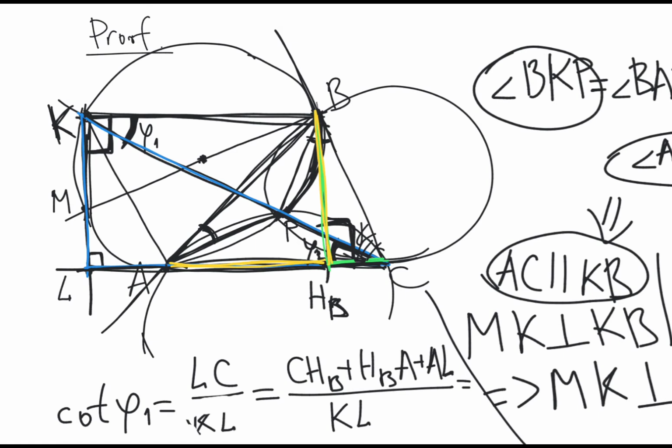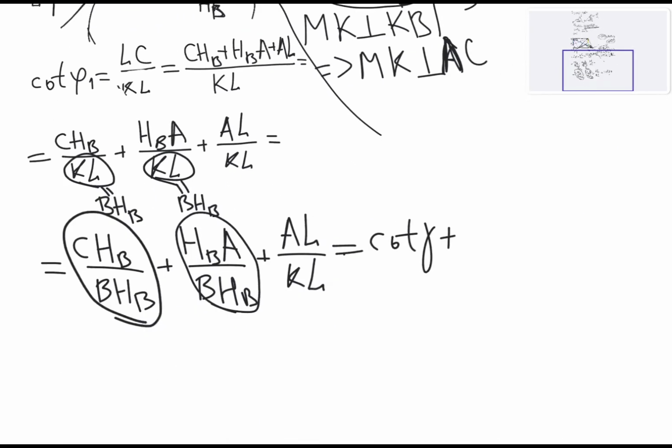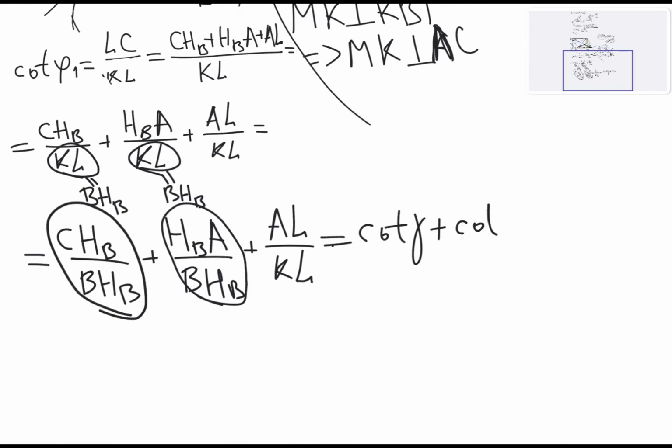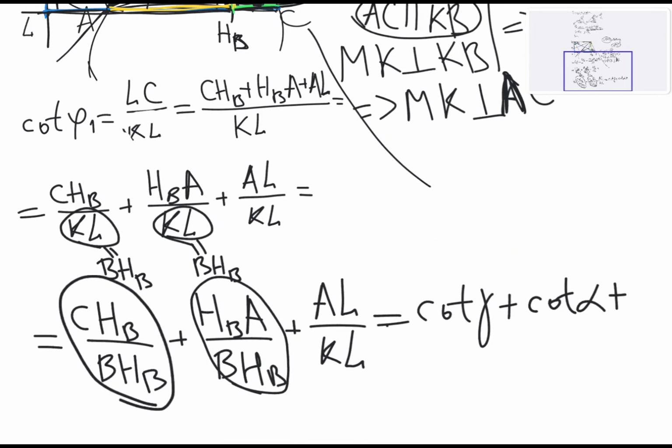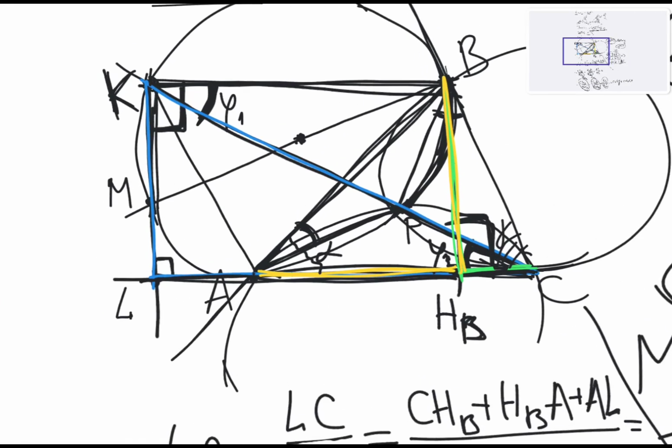This is again a ratio of 2 sides in a right triangle, and it is exactly the cotangent of this angle, which is angle alpha in the entire triangle ABC. So plus cotangent alpha. Now the third one, AL over KL.